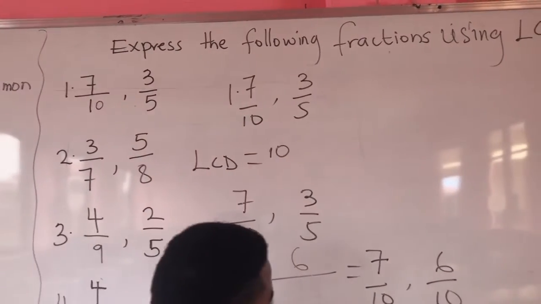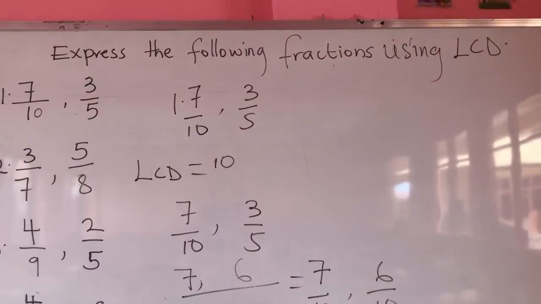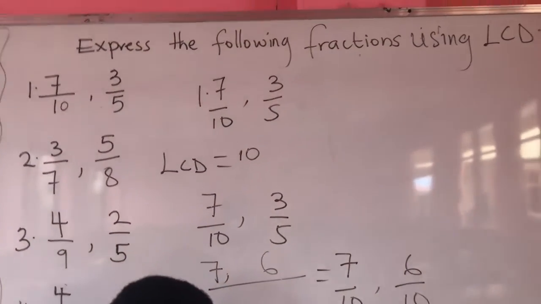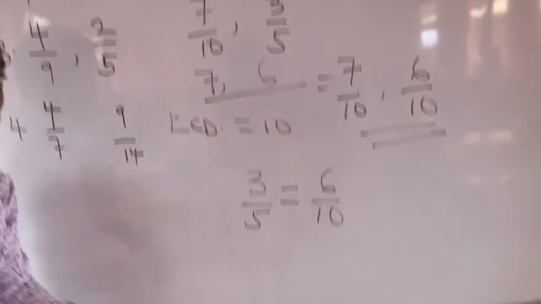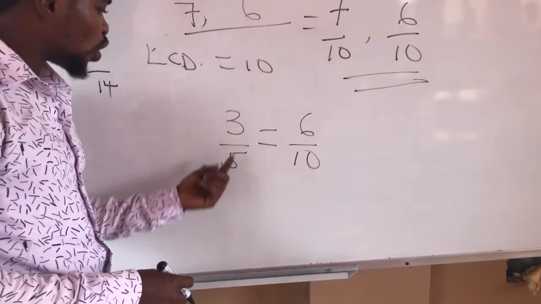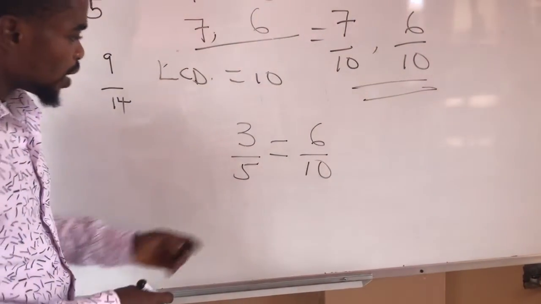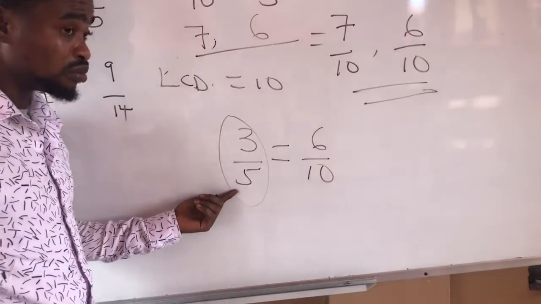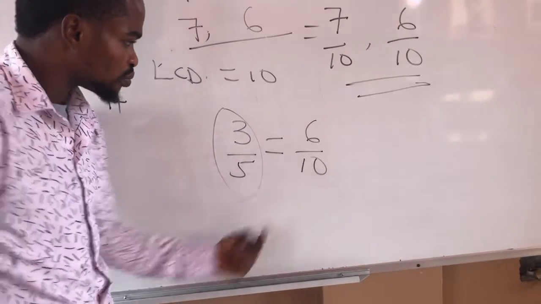Now we want to consider the second one, which is 6 out of 10. They say 3 out of 5 is the same as 6 out of 10. Do we agree on that? Alright, let us solve it together and see. We cannot break this fraction down, because that is the least, but we can break this other fraction down.